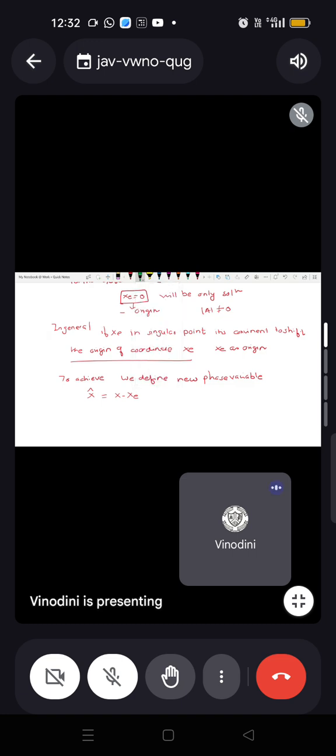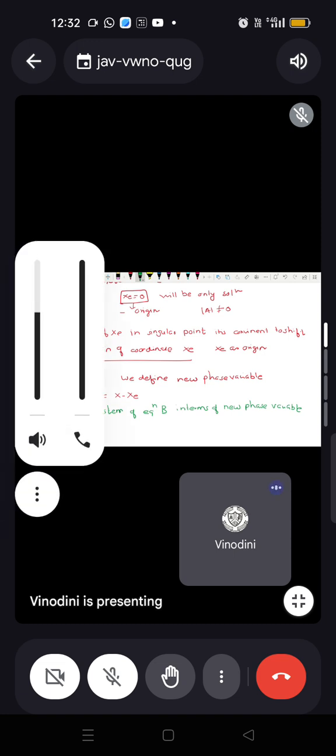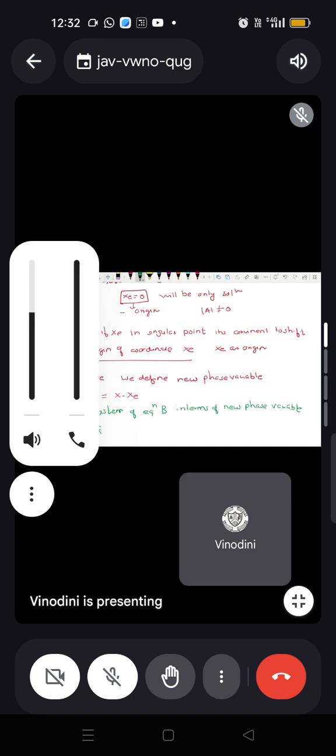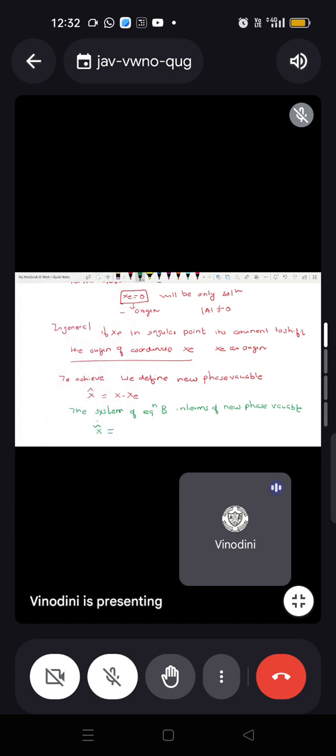So what is it? The system of equation B in terms of the new phase variable becomes X tilde dot is equal to f of X tilde.